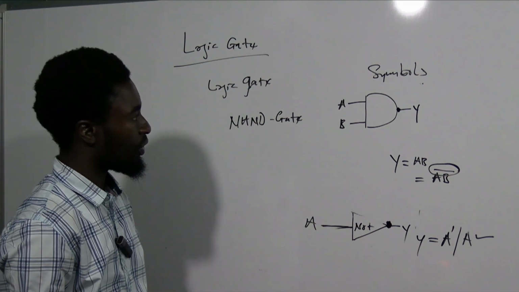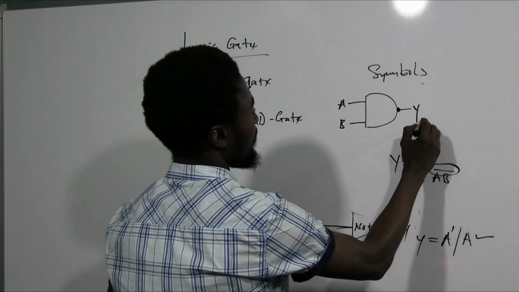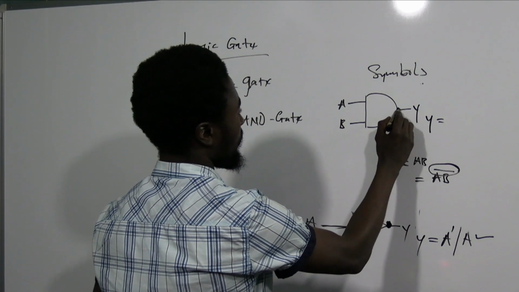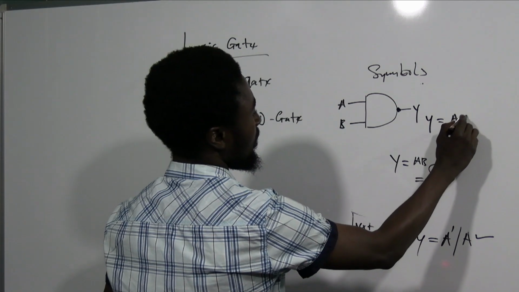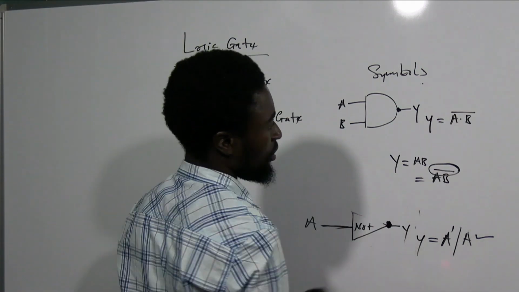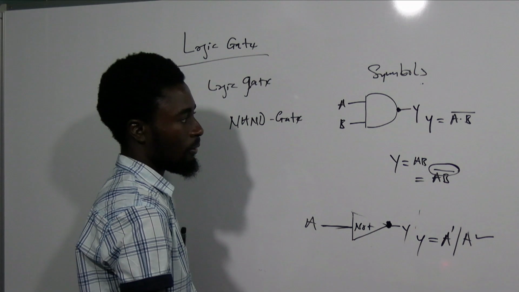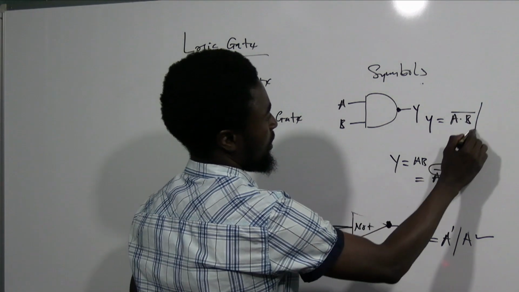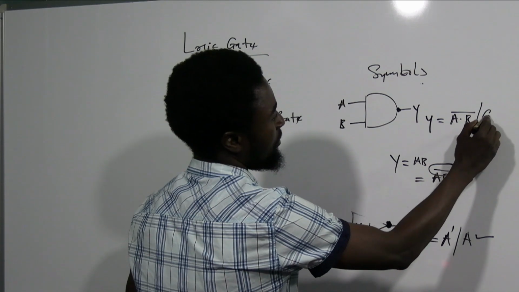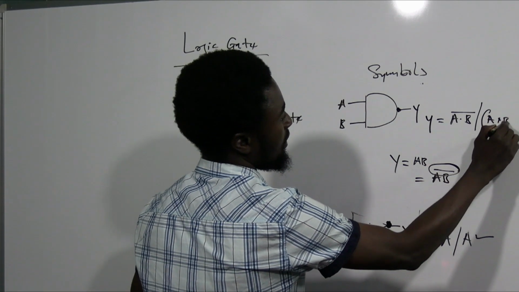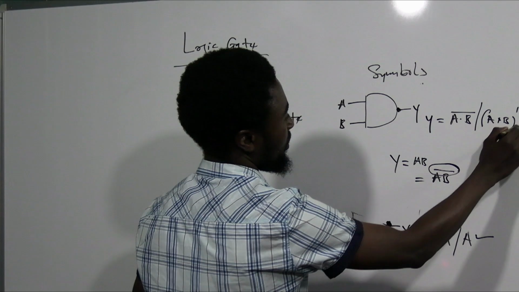Okay, so with this you have Y equal to A dot B, all bar. Or some may even intend to write it as A times B, all bar.